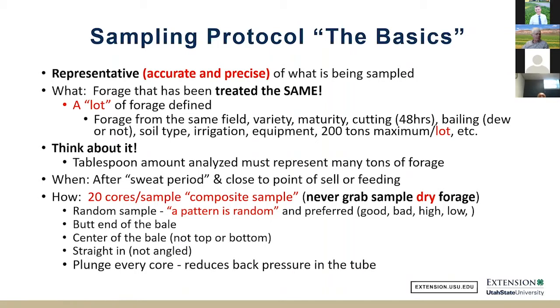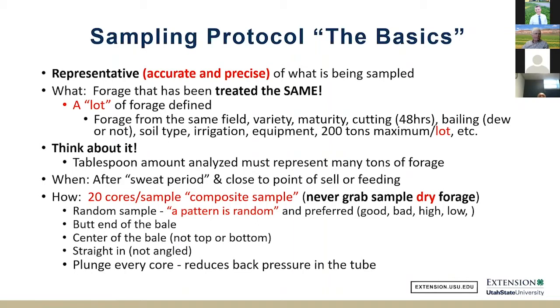The sampler should go straight in, and then using a core or a sampler that has a collection chamber in it, you should plunge the individual core between every collection. In the case of using the single core Penn State sampler, you need to dump the core after it's taken each time to prevent back pressure in the tube.